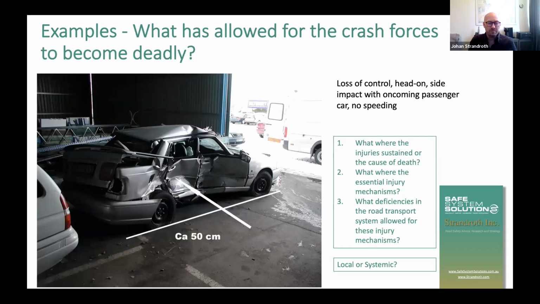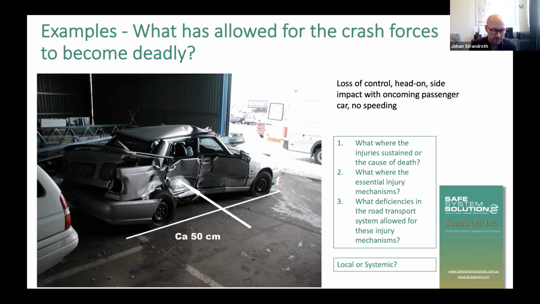Another one. This is loss of control on an undivided two-lane road. Loss of control, side impact in a head-on crash with an oncoming passenger car. No speeding in this crash, so the speed limit would be around 90 kilometers per hour. It's a far side crash compared to the driver, who is sitting on the left-hand side.